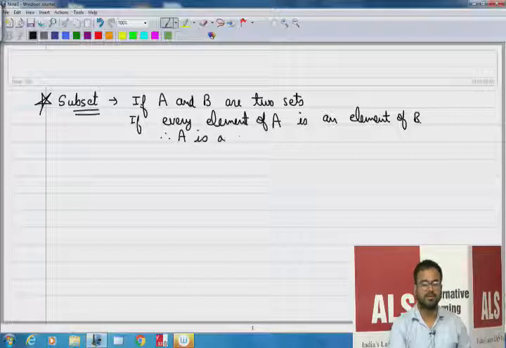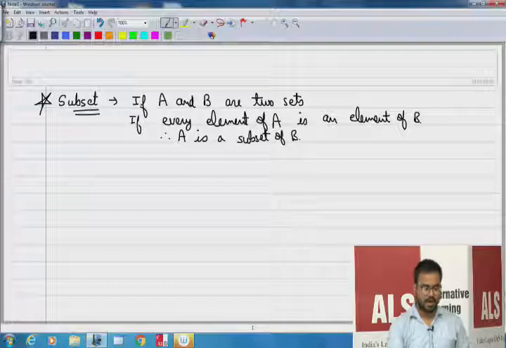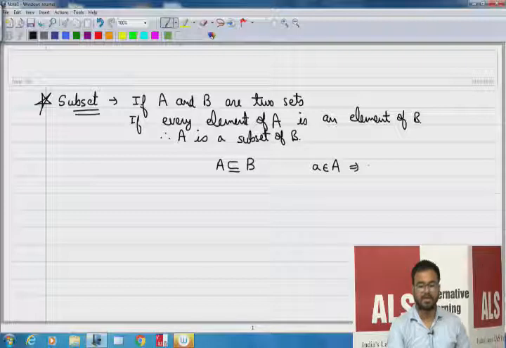A is a subset of B. The notation for writing this is this symbol: A is a subset of B. We can also say A is a subset of B if and only if there is a member a which belongs to A, it implies a also belongs to B. This symbol is used for belongs to.